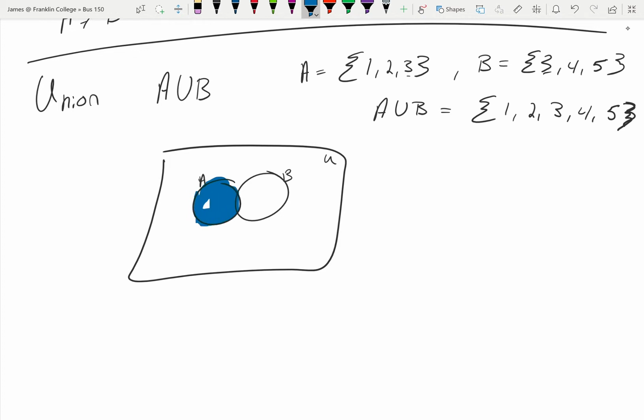So here's all of A, and here's all of B. So A union B is all of A and all of B.